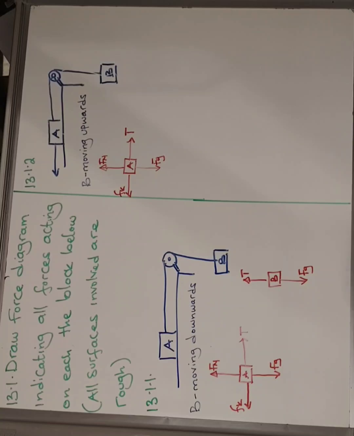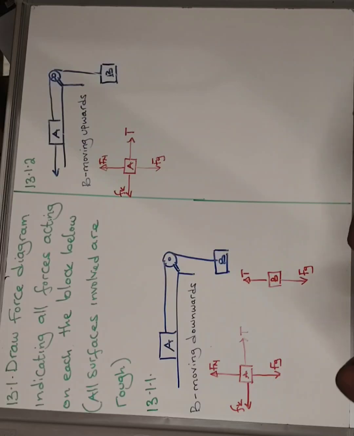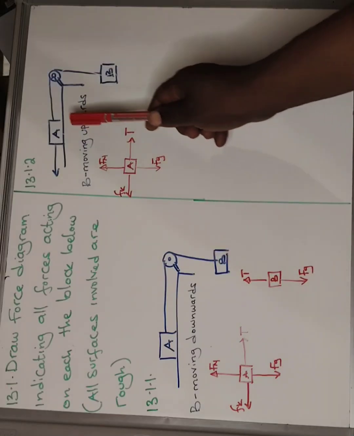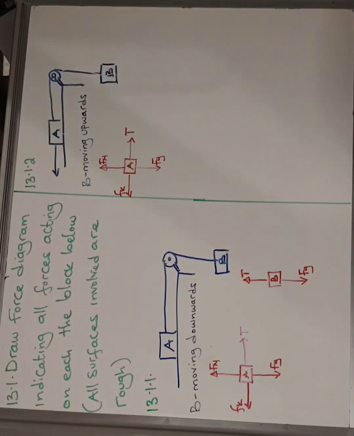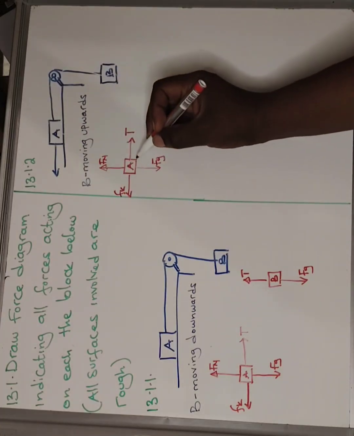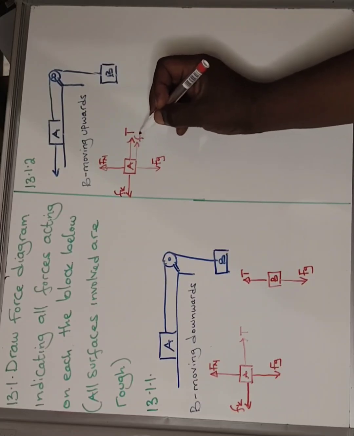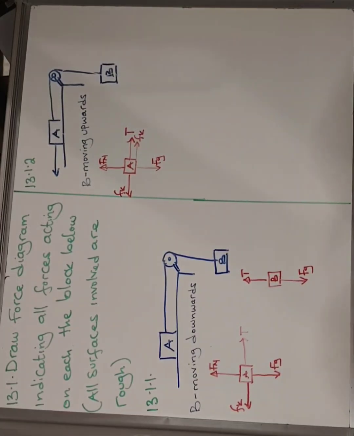What else is acting? Remember, the surface is rough. Rough means that there is friction force. Where will friction force be? The body is moving to the left, so friction force, because it opposes motion, will go to the right.